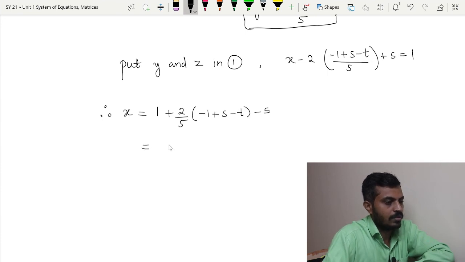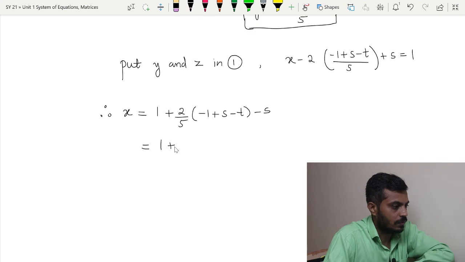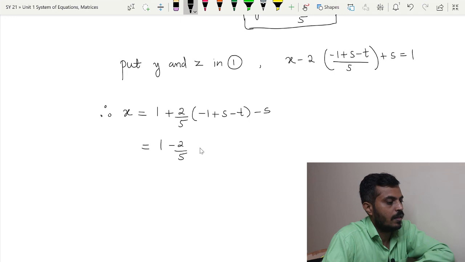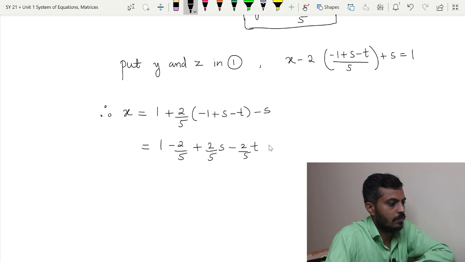If you want, you can simplify it further. Let us say 1 plus, if you put 2 by 5 inside, it will be minus 2 by 5 plus 2 by 5 s minus 2 by 5 t minus s, and you can combine the s terms together and combine the constant terms. So, 5 minus 2 will be 3.